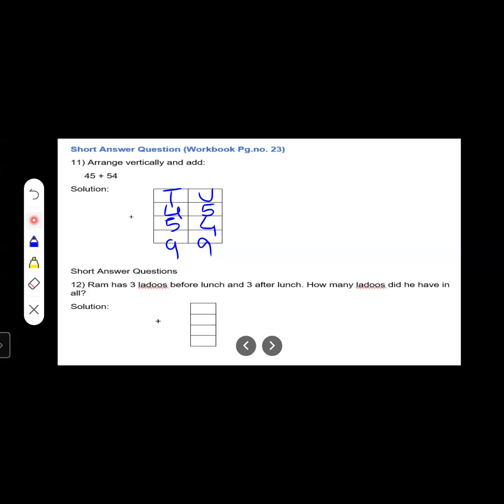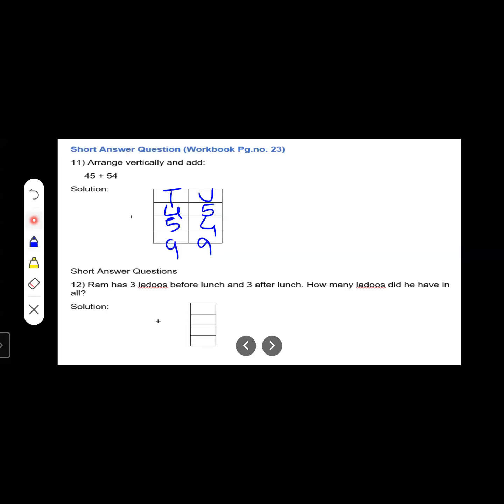So here Ram has 3 laddus before lunch, 3 laddus after lunch. We have to arrange the numbers in the box again like this. But here single digit numbers are given, right? 3 is a 1 digit number and the other 3 is also a 1 digit number.